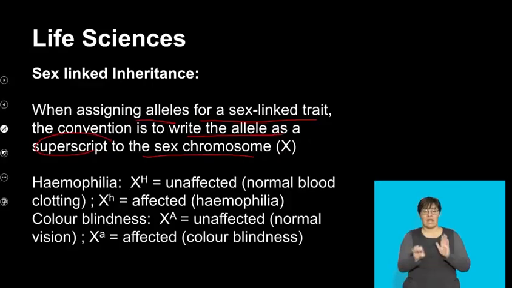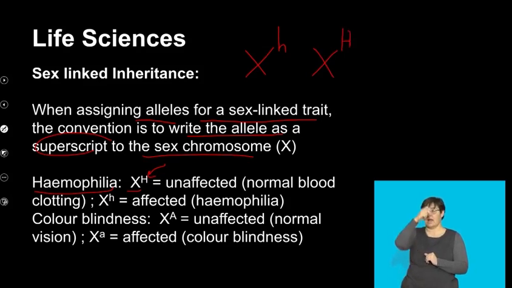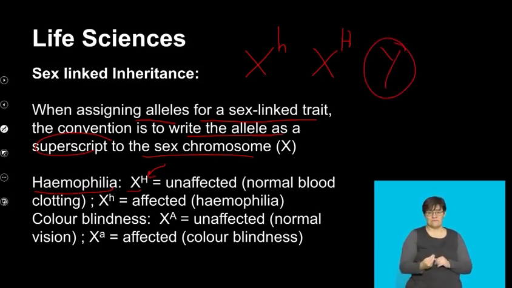So the example we're referring to is hemophilia. And we tend to use, again, the gender as well as the allele as a superscript. So essentially, you've got to indicate the X, the dominant and recessive alleles using that notation. And again, the Y chromosome in males does not have the allele.